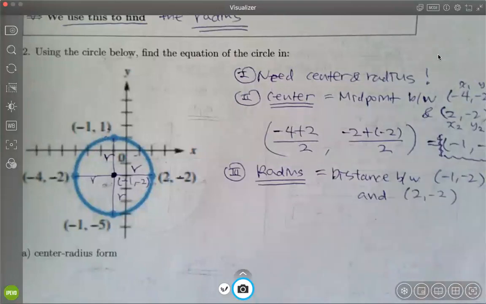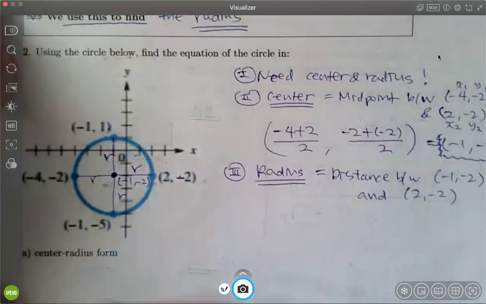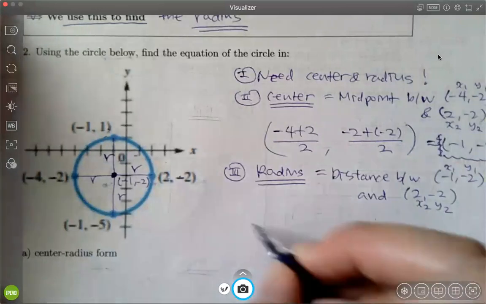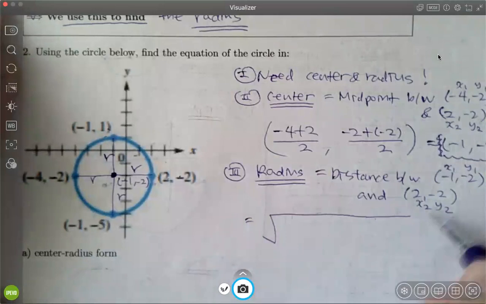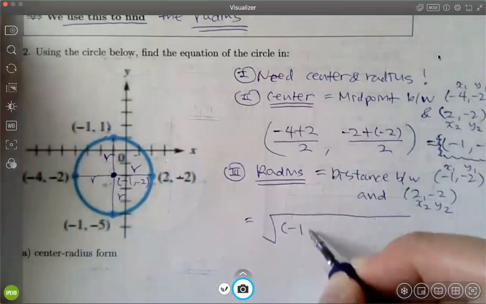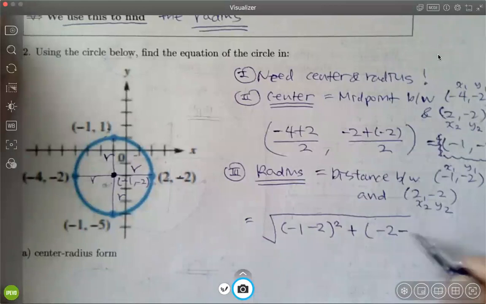And remember, it doesn't matter which point you choose. You can choose -1, 1 or -1, -5, either way. So what does that mean? Now we need to newly identify x1, y1 and x2, y2. So this is equal to the square root of x1 minus x2, so that's -1 minus 2 squared, plus y1, which is -2, and then be careful, it's minus, and then -2 squared.